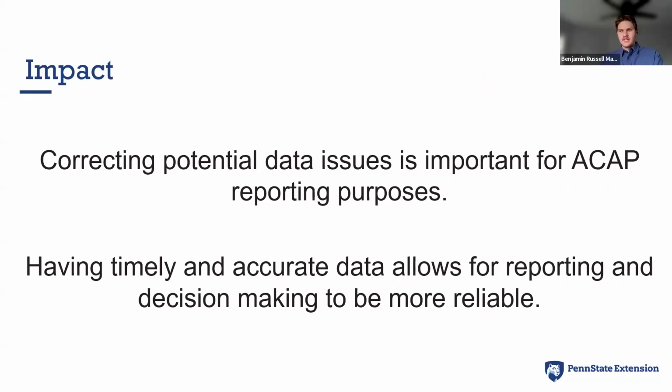We like to pull data out of the ACAP GIS and present it to a lot of different people who are stakeholders in the ACAP program. And we really like to be able to share with them the most up-to-date and most accurate data. And when you have some contracts that have that data and some contracts that don't, it makes representation of the ACAP program as a whole a little bit more difficult.